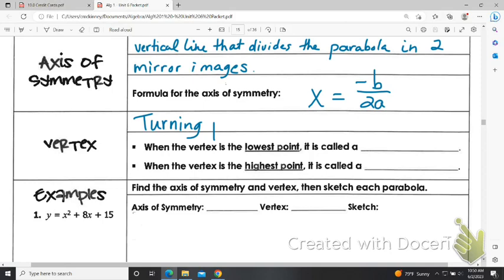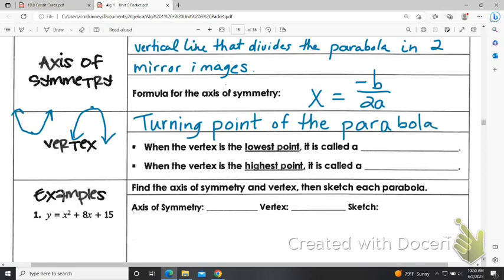So it might be things are getting smaller and then it turns and then it starts getting larger. Or it may be that it starts small, then it's getting larger, and then it turns and starts getting smaller. There is a turning point, right, where it changes direction. And that point is the parabola's vertex.